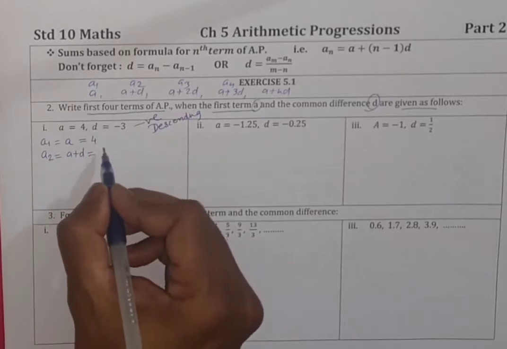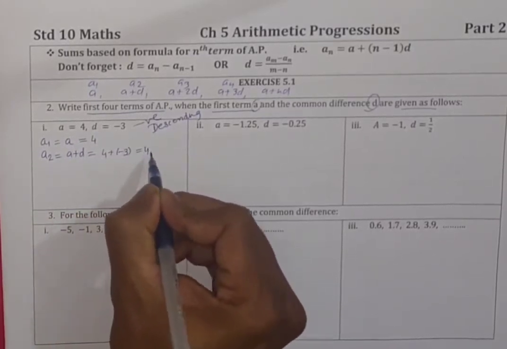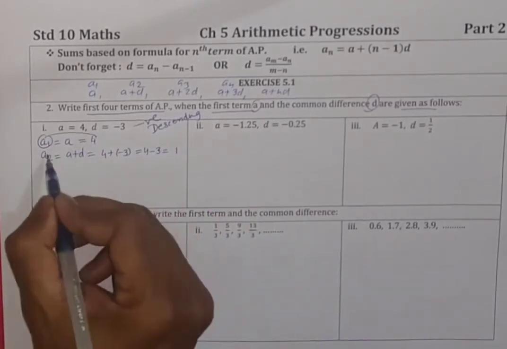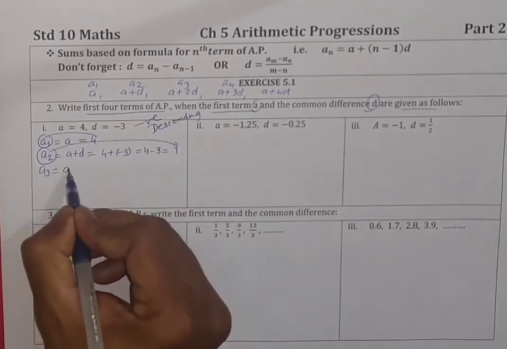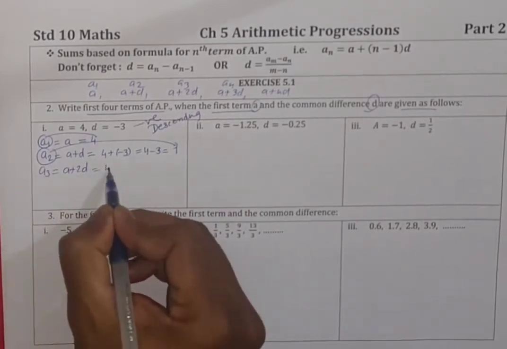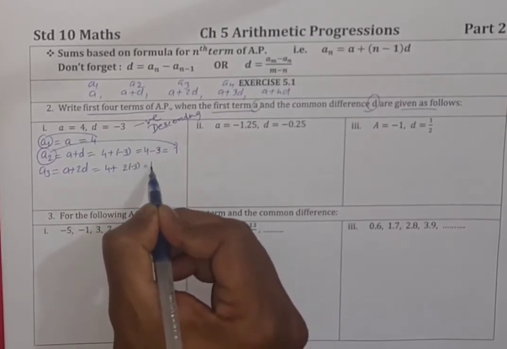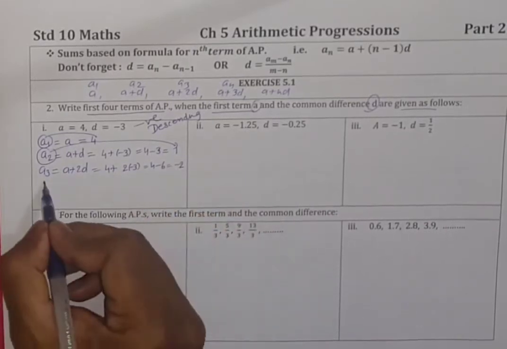So A plus D, that means 4 plus minus 3. That is 4 minus 3 and that is 1. So first term is 4, second term is 1, third term A plus 2D, that is 4 plus 2 into D, that is minus 3, that is 4 minus 6 and that is minus 2.